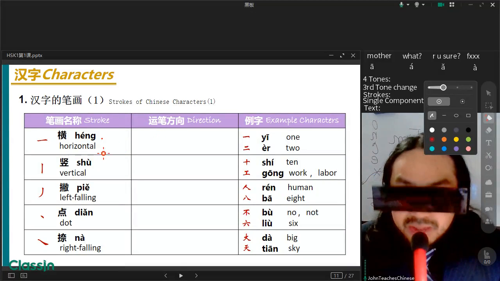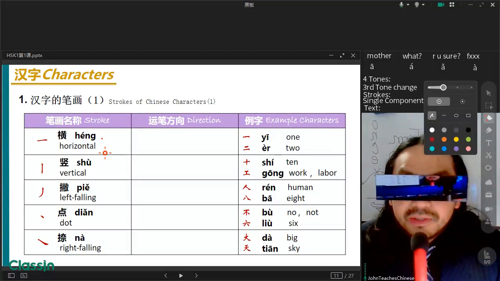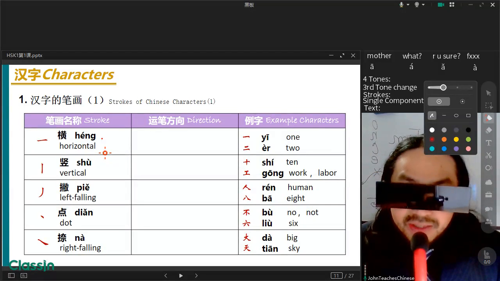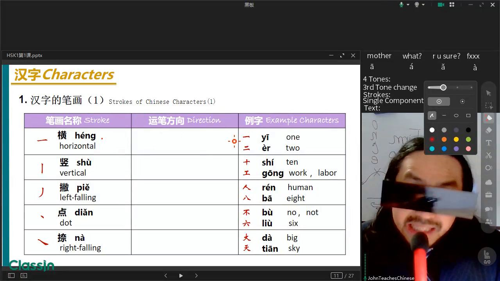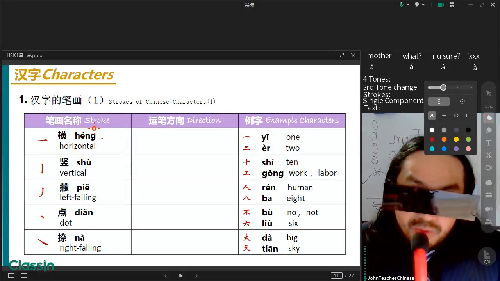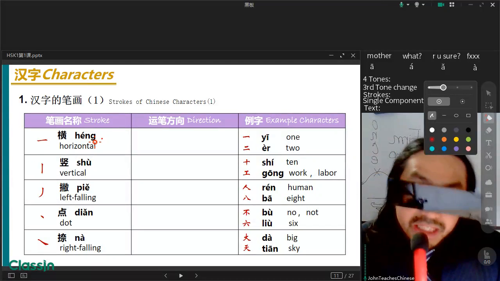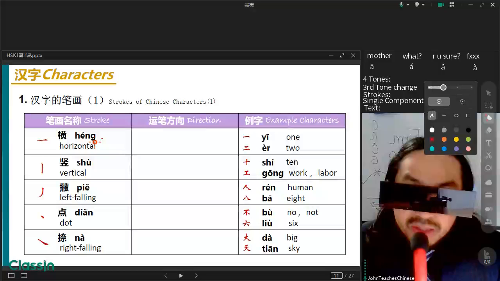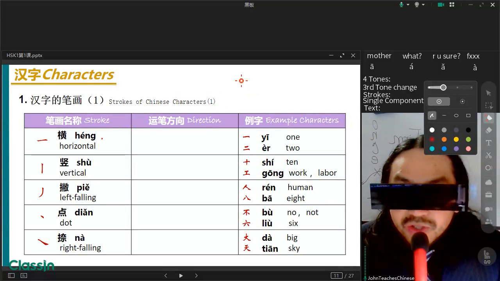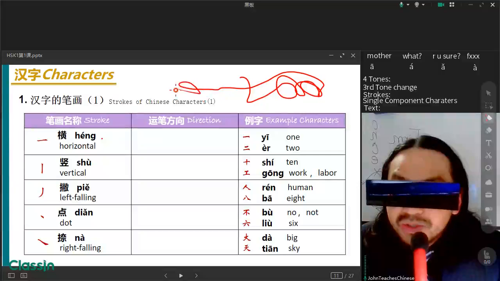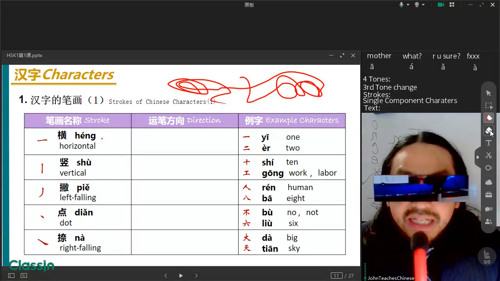Okay, but from the beginning, you have to know that Chinese kanji is made up of different strokes, and only made up of these strokes. It's not like when you are drawing pictures, where you can go in any direction, any length.